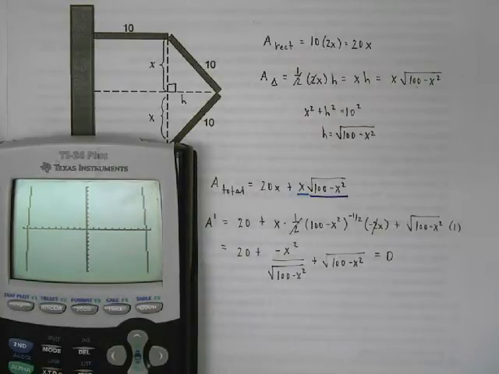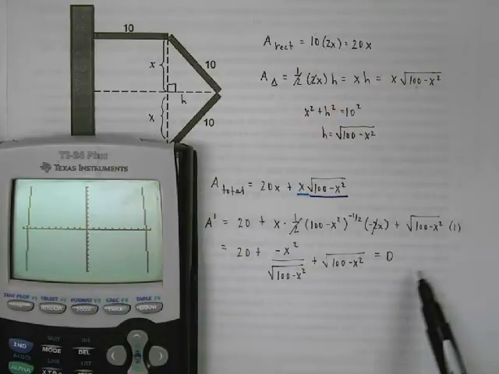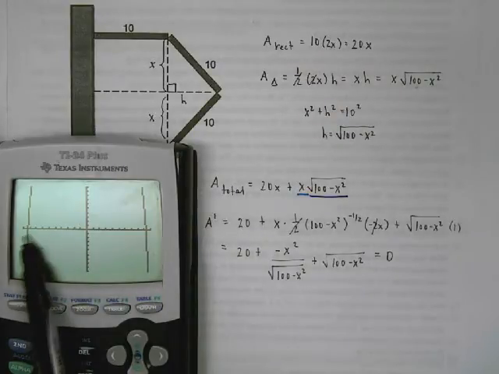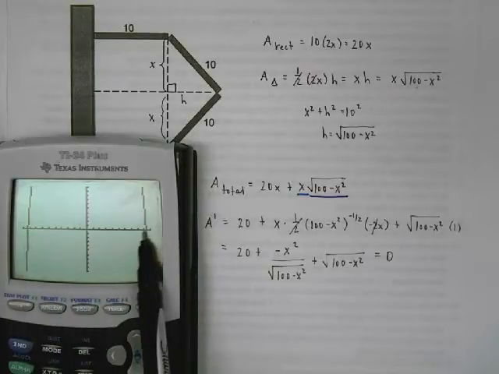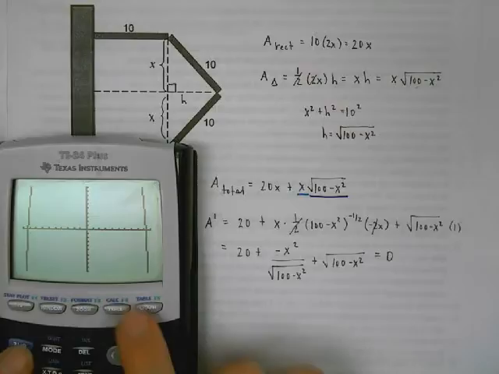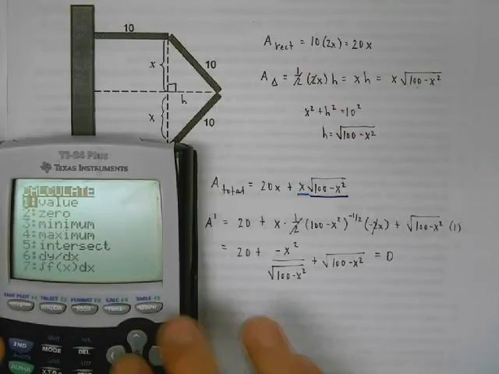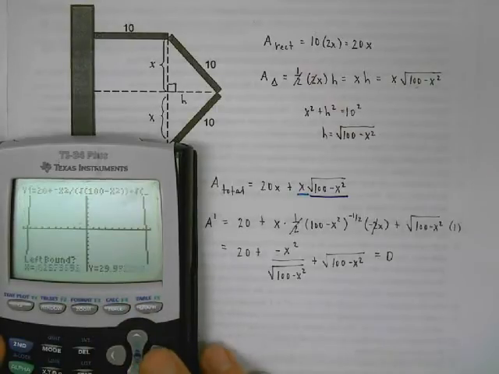Okay, so I can see in my graph here I have 2 zeros. Now, if we're talking about dimensions here, obviously we're not going to consider our negative x. So let's go ahead and use our calc function to find out where this 0 occurs. So I'm going to go calculate the 0, and I'm going to scroll over here until that left bound comes into view.